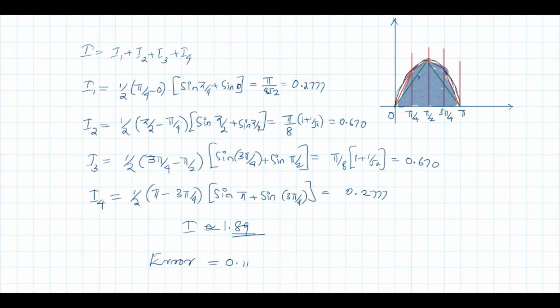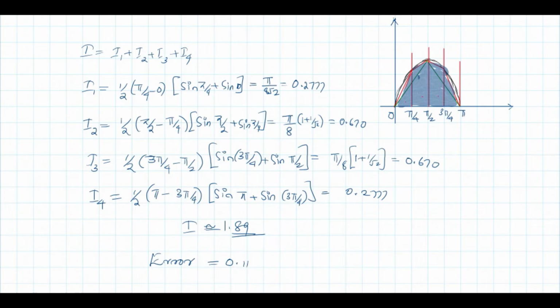Fourth case, upper limit pi, lower limit 3 pi by 4. And exactly the same equations for all the cases. You can see that the answer is 0.277 for I1, I2 is 0.670, I3 is 0.670, I4 is 0.277. Final answer is 1.89. So error is 0.11 only. Okay, so error gets reduced.